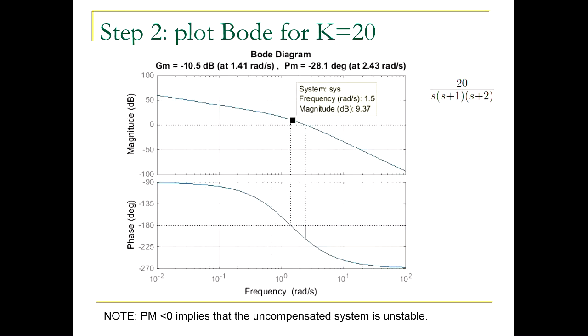So I want to design the lead part to do two things. I want this frequency 1.5 to really be the new crossover, and I want to pick corner frequencies so that I get the maximum amount of lead at this frequency.